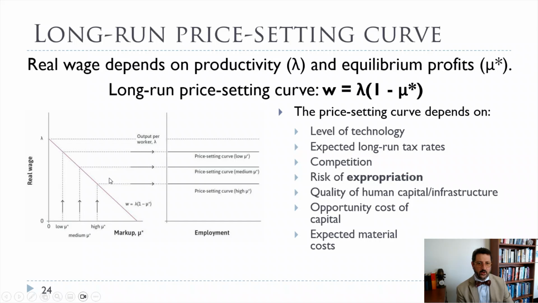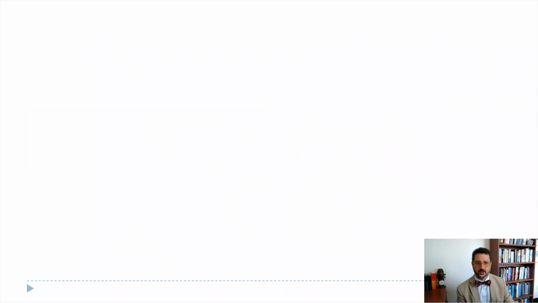And we can think about how much that will result in changes in the real wage, right? And so that means that the price setting curve is going to shift up when technology improves. It also will shift down when there's higher tax rates. It will shift up when there's more competition. It will shift down when there's more risk of appropriation. But all of these things, right, are going to shift our long run price setting curve.